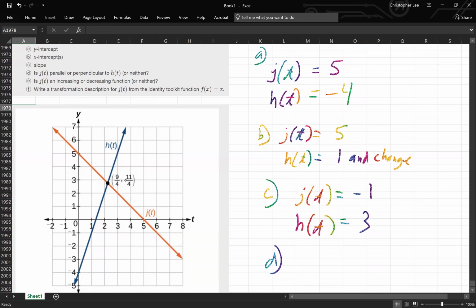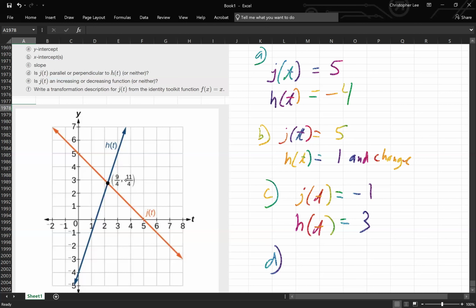No. Yes, no, neither. Which one? Parallel, perpendicular, or neither?